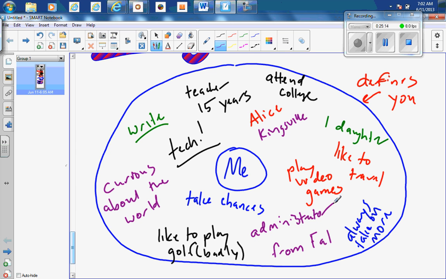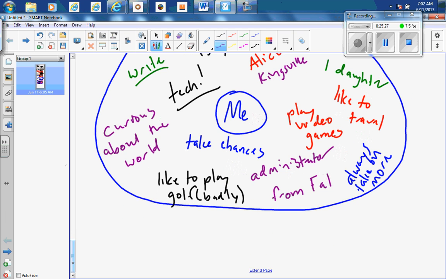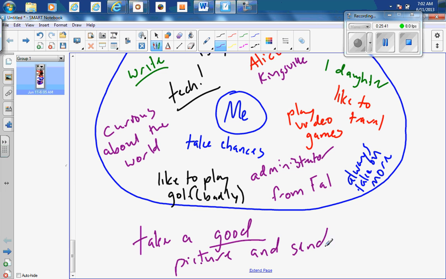Now, I want you to notice something. That bubble got really full really quick. The more you write here, the more you will be. Now, when you're done with assignment 1 and you like your bubble, here's what you need to do. You need to take a good picture and send it to my email.